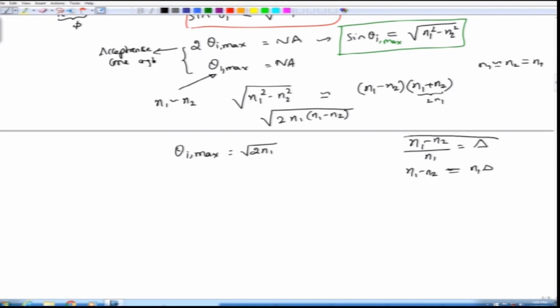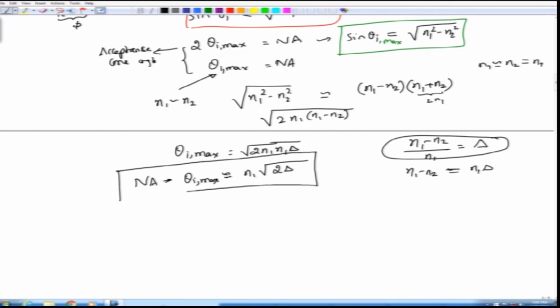So, this becomes 2n1 times n1 delta; n1 into n1 is n1 square, therefore n1 can come out of the root and what you get is n1 into square root of 2 delta. So, the numerical aperture of the fiber is roughly n1 into square root of 2 delta.